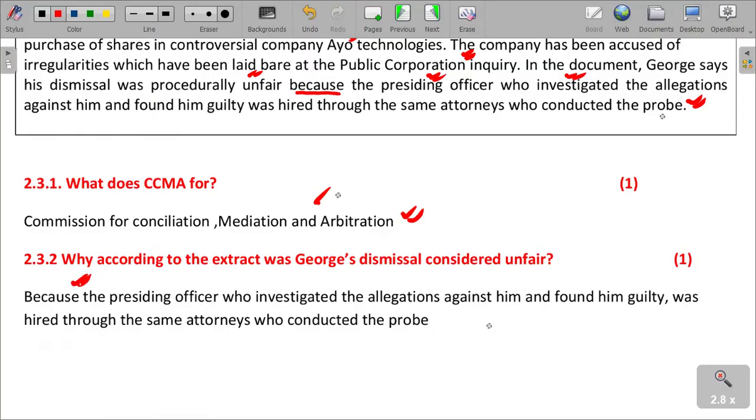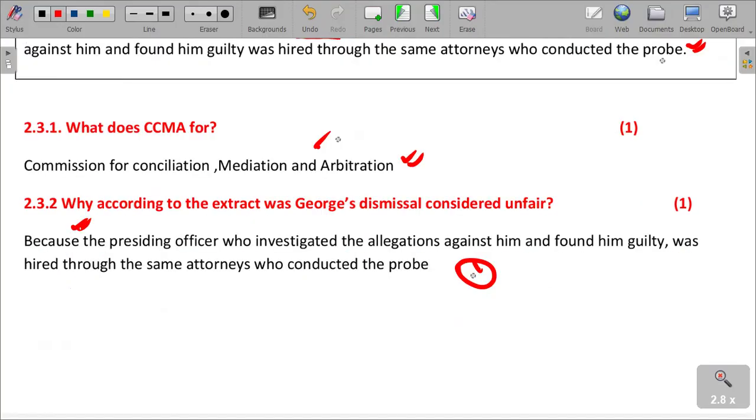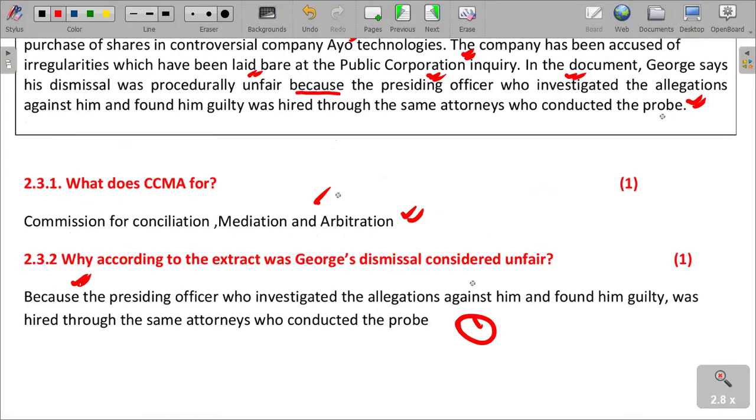So that is the reason why the dismissal was found to be unfair. It might mean that he might not be impartial, but might take the side of the company or the side of the attorneys. So that can be the possible reason why it was unfair.